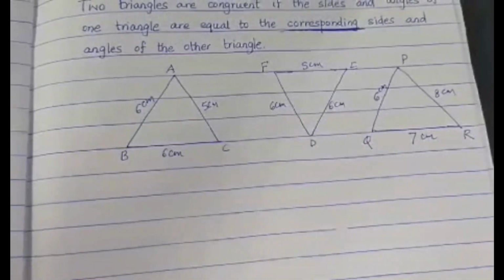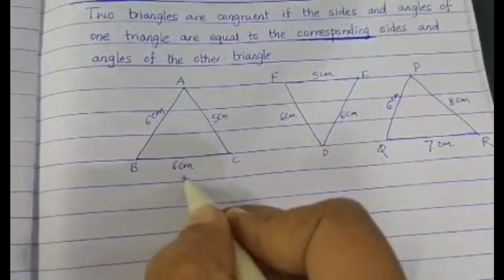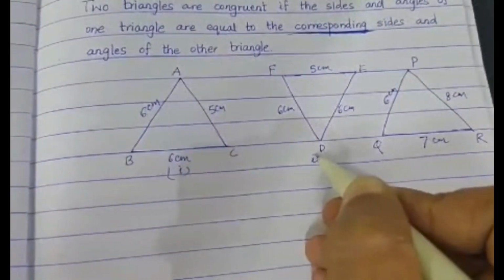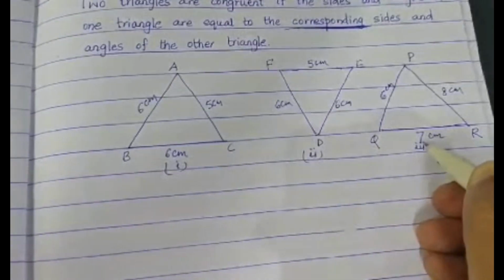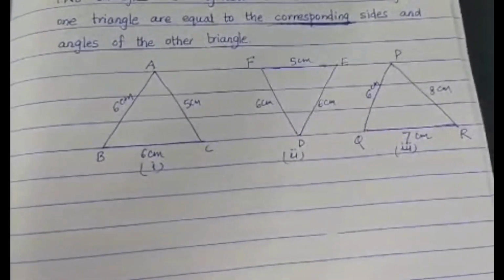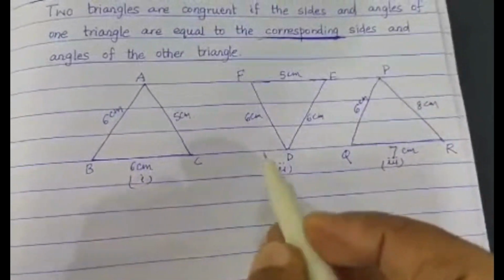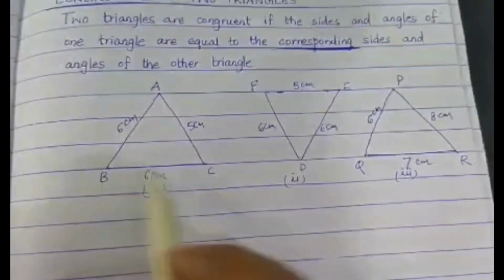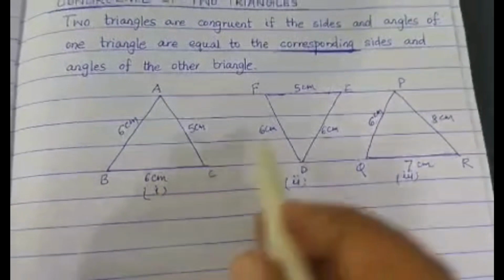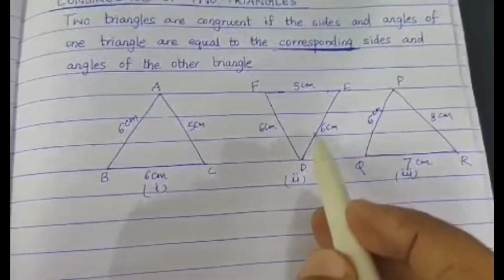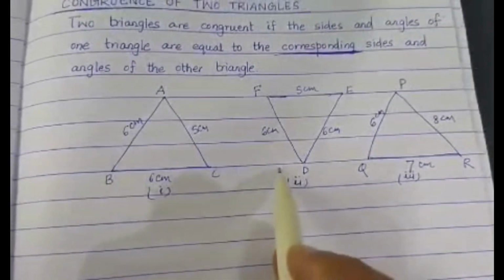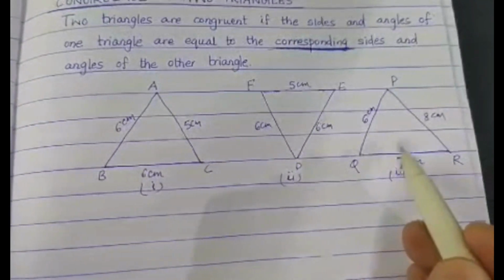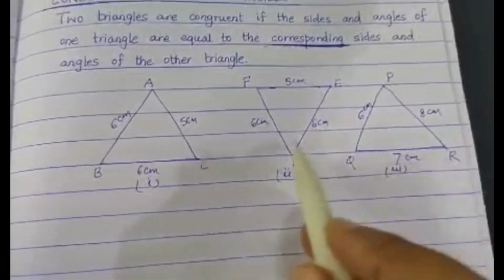Let us suppose this is figure 1, this is 2 and this is 3. Which of these triangles are congruent? ABC has sides 5, 6 and 6, and here also 5, 6 and 6, so you can say that 1 and 2 are congruent, but you cannot say that this is congruent to these triangles.